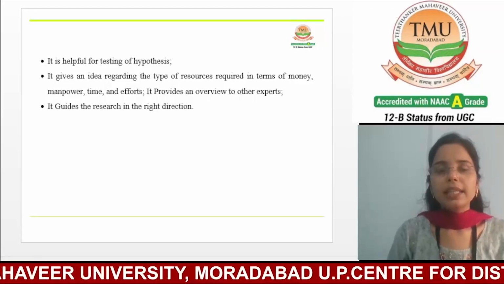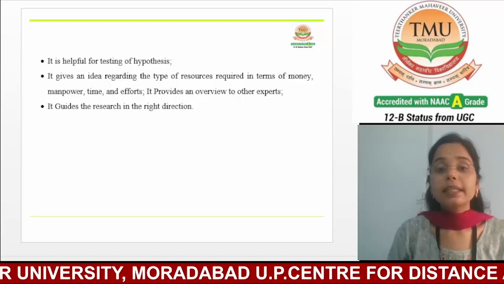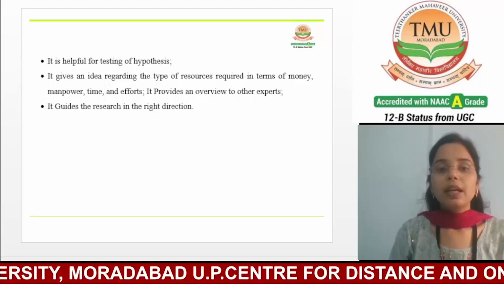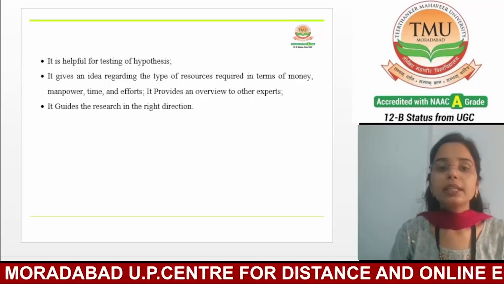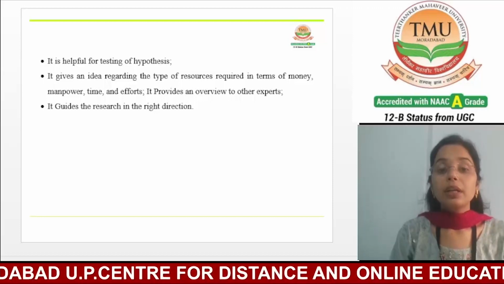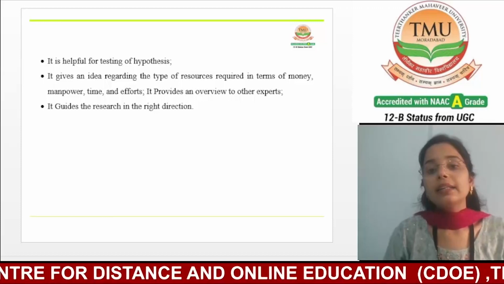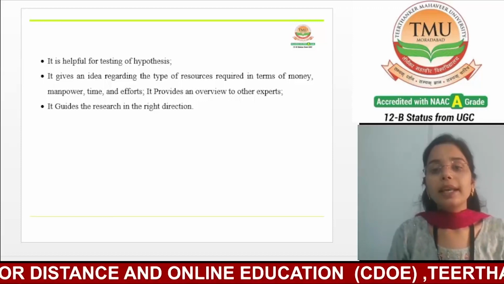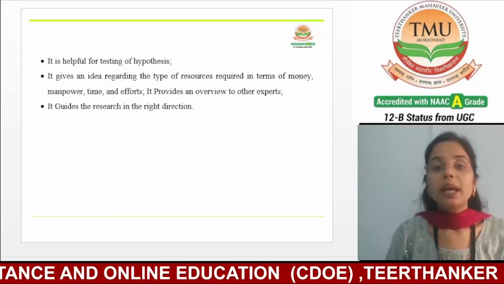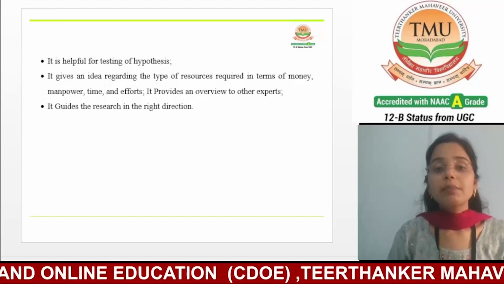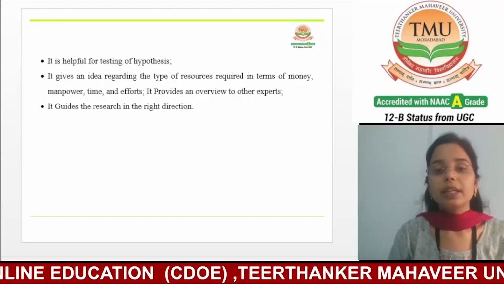Research design is helpful for testing the hypothesis. Now, the next one is that it is helpful to give an idea regarding the type of resources required in terms of money, manpower, time, and efforts.